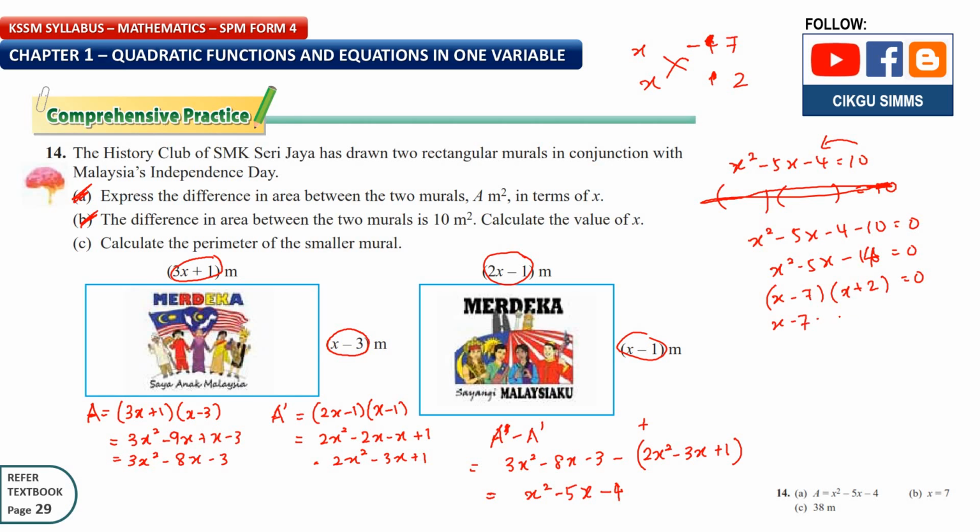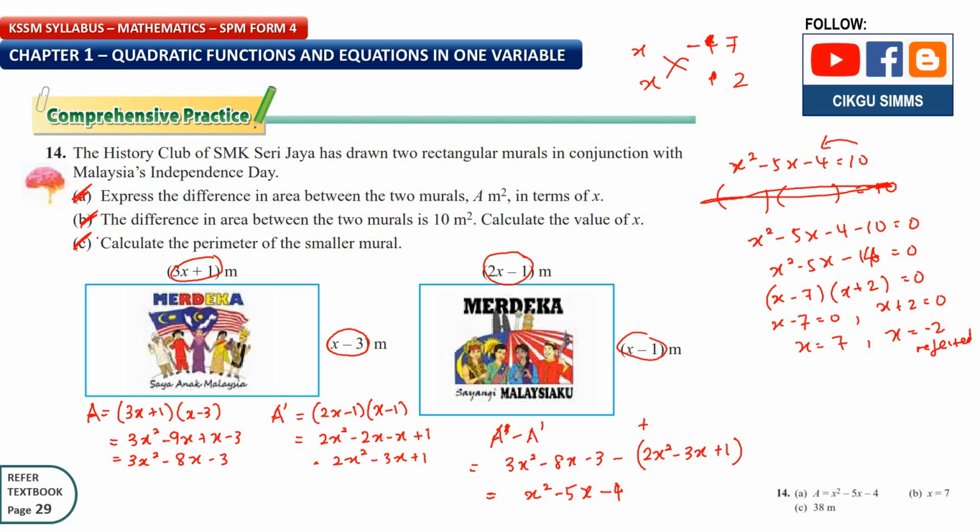So x minus 7 is 0, x plus 2 is 0, x is 7, x is negative 2. So negative x is rejected. So x is 7. This is your second answer.